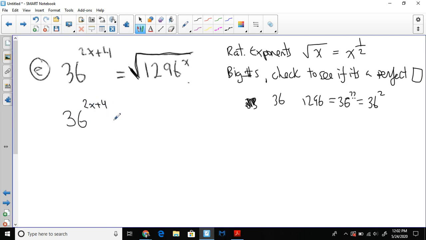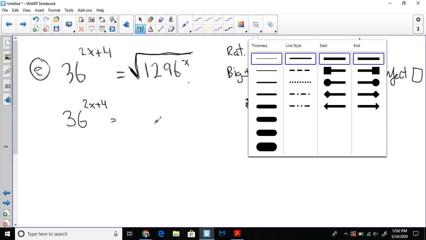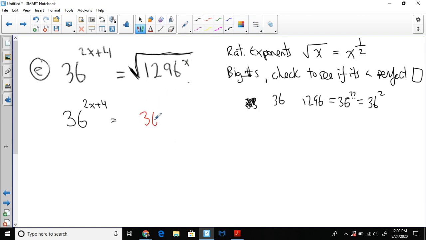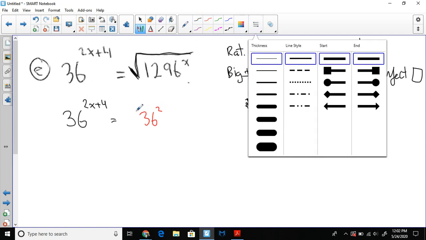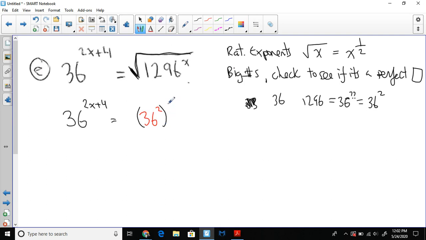So we have this equals, all right, so I'm going to change 1296. So that is going to be 36 squared to the power of x. And then this root becomes an exponent of 1/2. Okay.